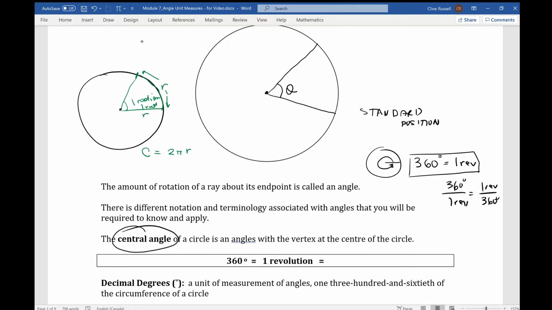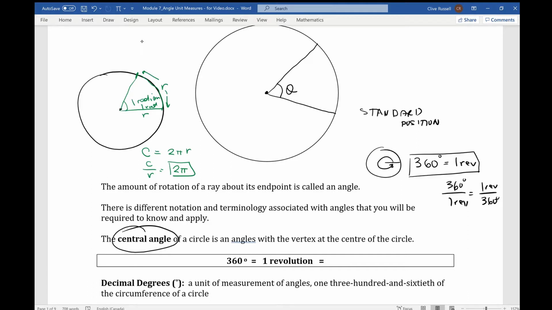Since a radian is the angle subtended by the length r on the circumference, if we take C and divide by r, we get 2 pi. So this 2 pi tells you how many radii are there in the circumference, or how many radians are there in 360 degrees. So the answer is 2 pi.